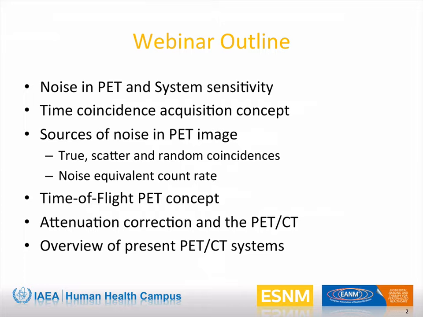The concept of time-of-flight PET will be introduced. A particular attention will be dedicated to the attenuation correction problem and how it can be solved using a hybrid PET-CT system. And finally, a brief review of commercially available PET-CT systems is presented.